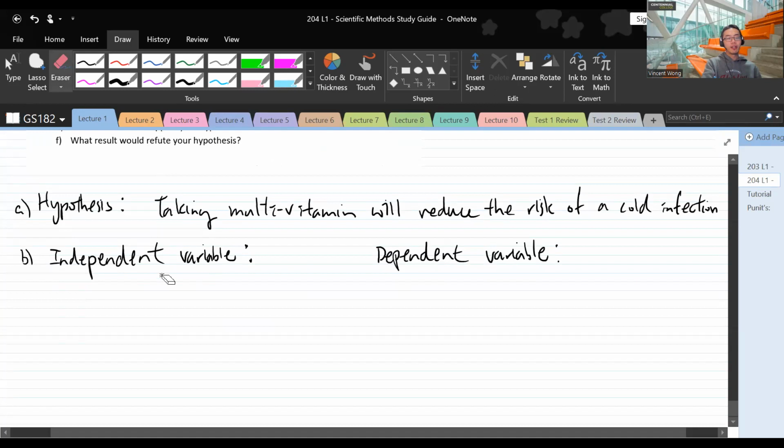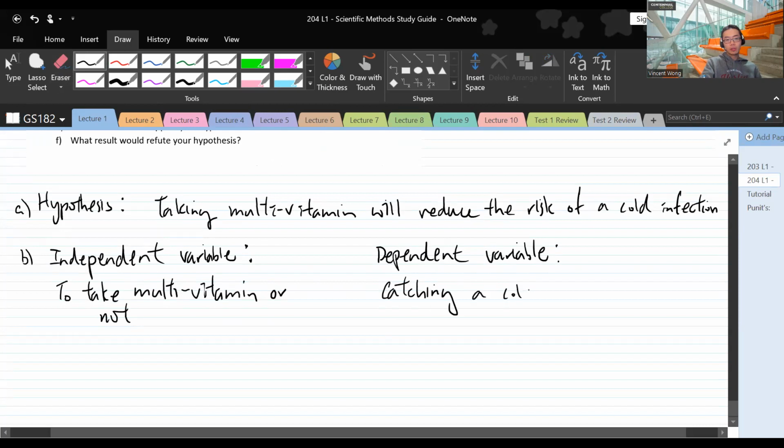So for the independent variable, you want to say to take multivitamin or not. Okay, good. Dependent variable, it would be catching a cold or not. Is that okay? Do you guys understand why they are the way they are?